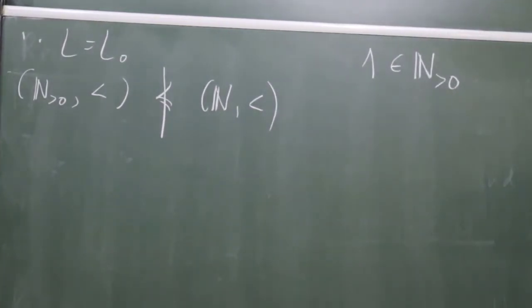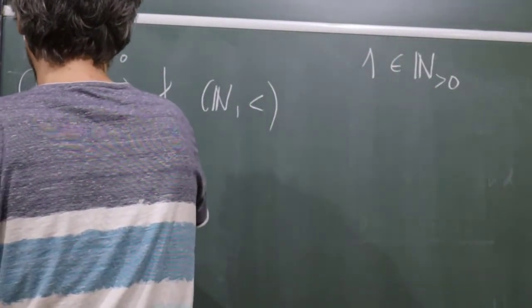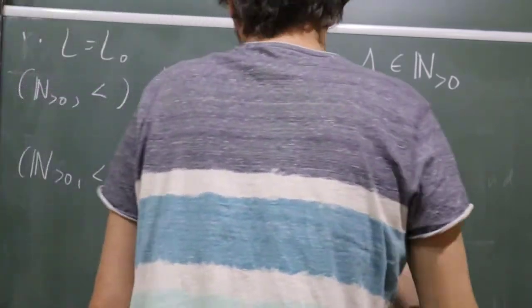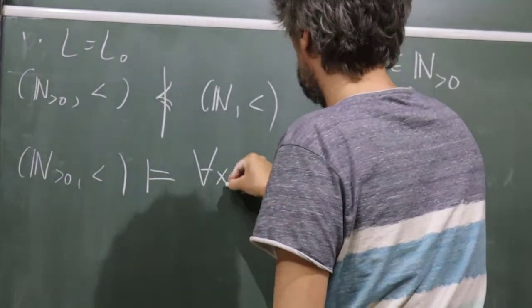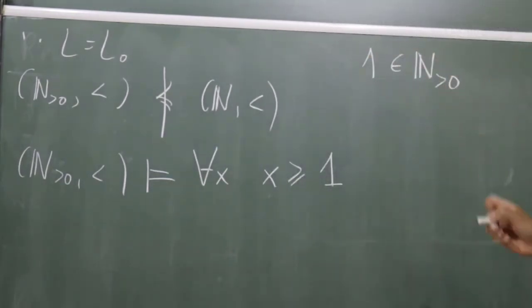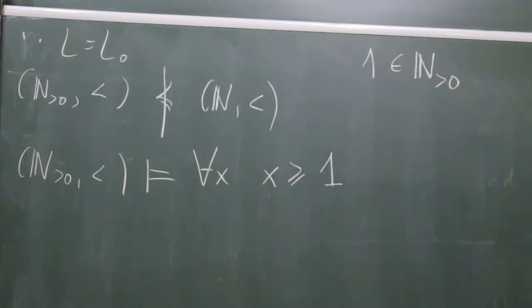Okay, it's not in the language. There are no constants in the language. And the statement is, well, for all x. This particular one has an element here.